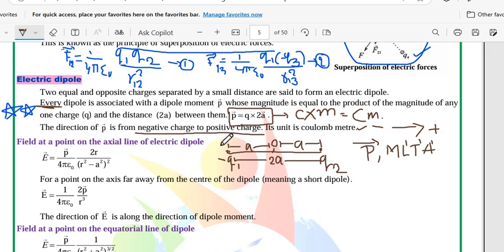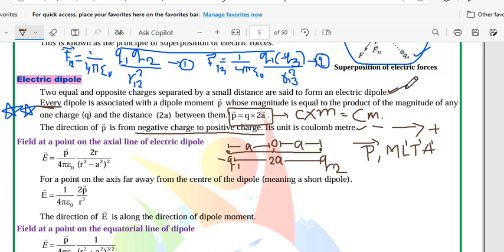Then what is electric dipole moment? I have said that the product of the magnitude of either charge and the distance between the two charges is called electric dipole moment. And what is electric dipole? A system of two equal and opposite charges separated by a certain distance is called an electric dipole.